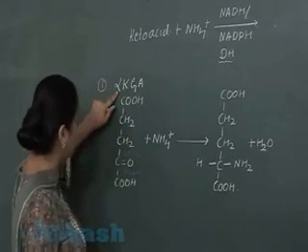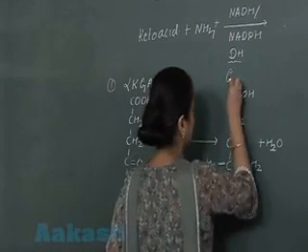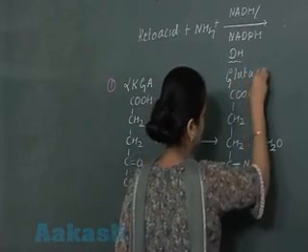This 5-carbon acid which is formed from alpha ketoglutaric acid is glutamic acid.